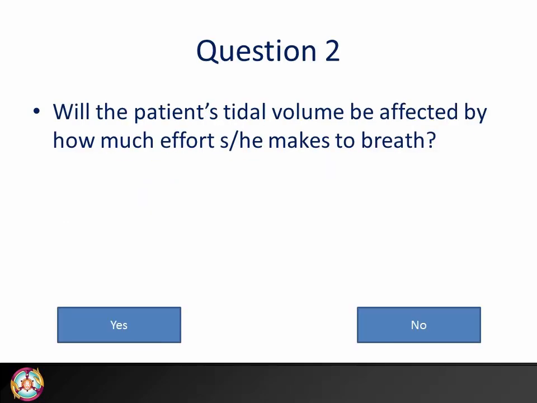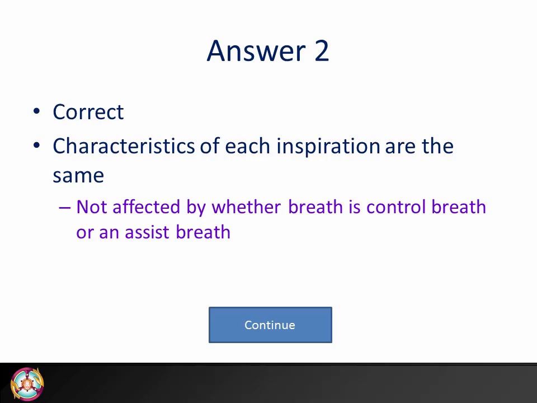In volume preset assist control mode, will the patient's tidal volume be affected by how much effort she or he makes to breathe? Correct. Inspiration can be initiated by the ventilator or by the patient. However, the same tidal volume is delivered in the same time, regardless whether the breath is a control breath or an assist breath.